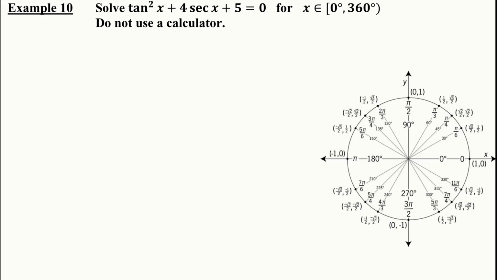And we know that we have sine squared x plus cosine squared x equals 1, our Pythagorean identity.